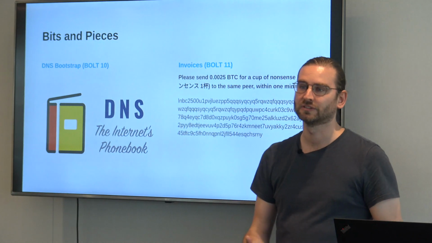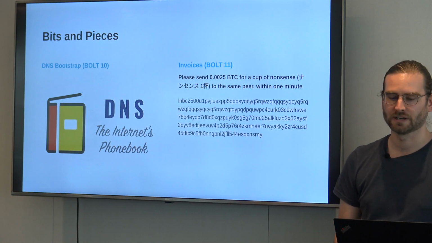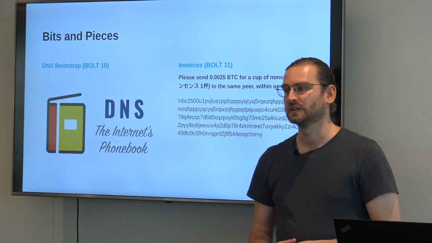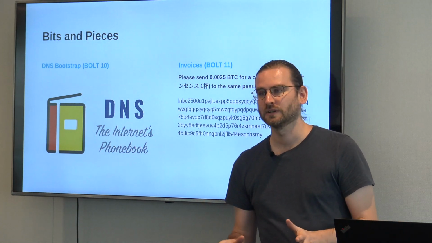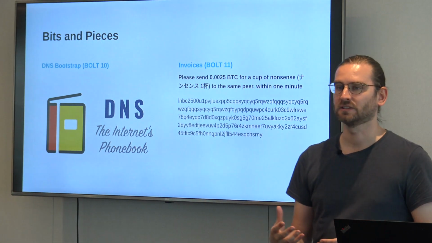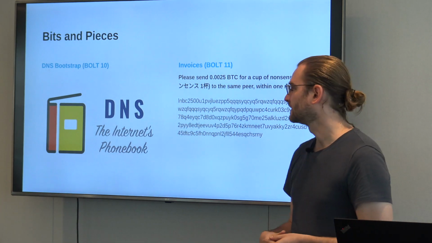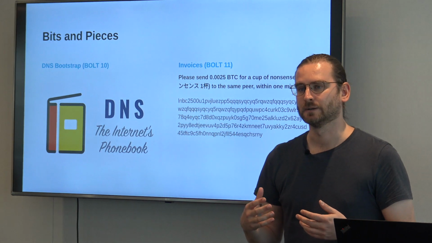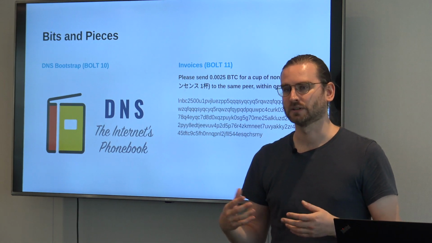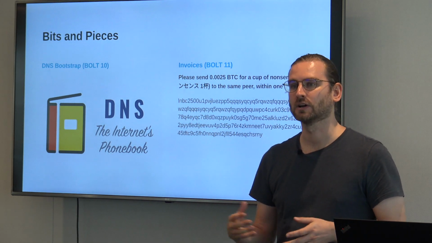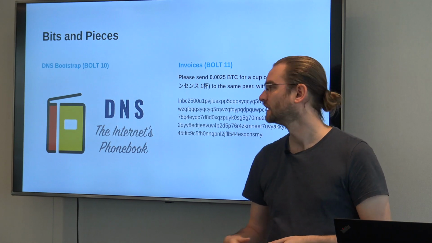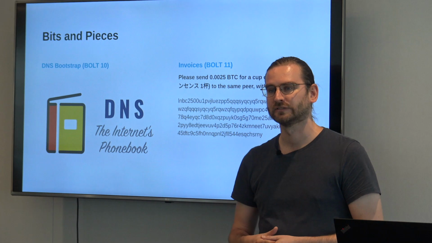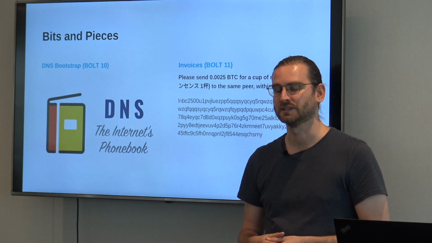Basically, it's a phone book for you to look up where individual nodes are. So if you don't know anybody in the network, you need a way to contact your first peer. What this does is you have a domain name that you can look up using DNS, and it will spit out a number of potential peers.